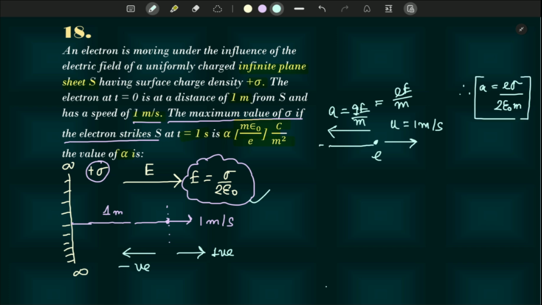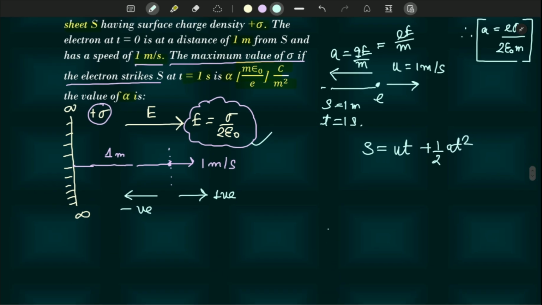Now I have to find sigma. S is given as 1 meter, t is also given as 1 second. So now I will use the basic equation s equals ut plus half at square. Putting the values, s is in the negative direction, so -1, u is in the positive direction, 1, time is also 1 second, plus half.